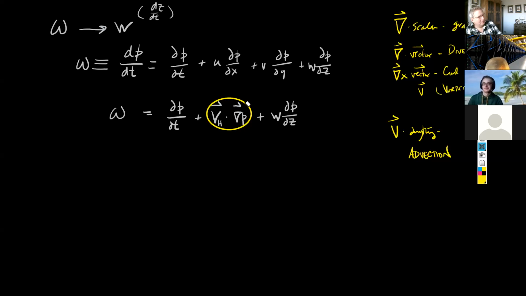Jim? Baroclinic, the height and the thickness contours intersect. And barotropic? They don't. They're parallel.